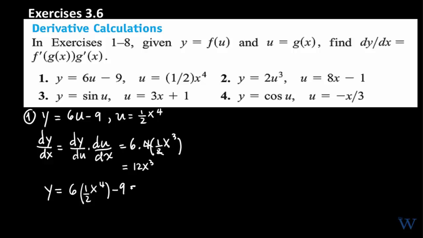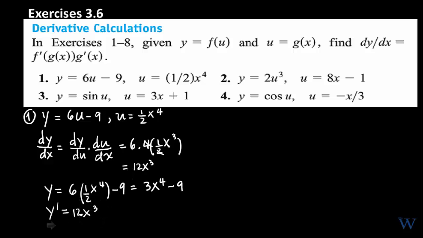So if you want to rewrite that, it becomes 3x to the 4th minus 9, because 6 divided by 2 is 3. And then really, we may not even have to use chain rule, because now y prime is simply equal to 12x cubed minus 0. So you see how you arrive at the same derivative.